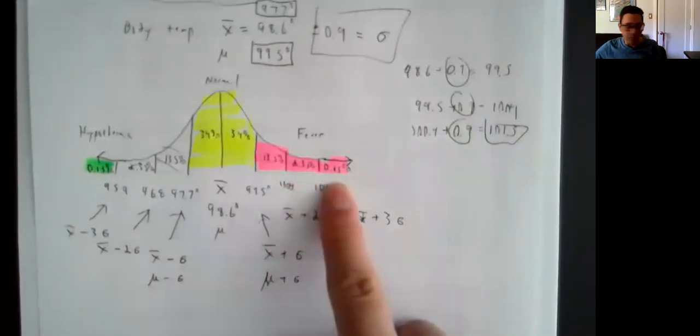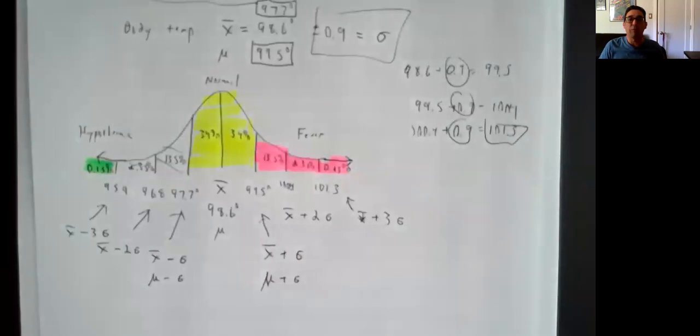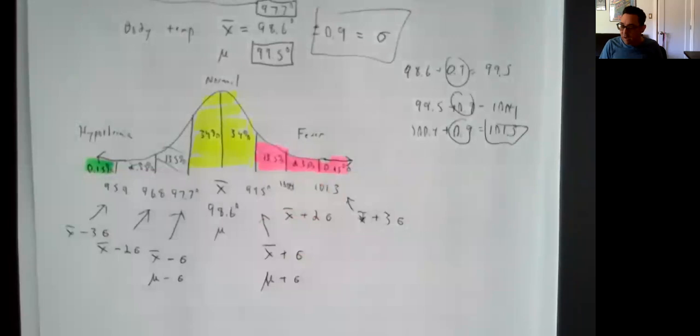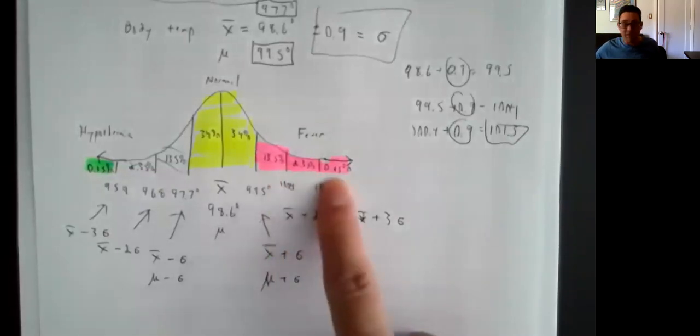What percent of people have a fever? Well, you'd actually have to add that up. I'm going to get out my calculator. So you do 13.5 plus 2.35 plus 0.15, and I get 16.